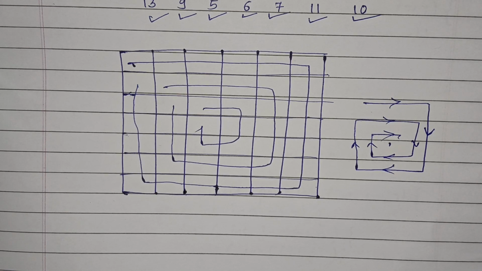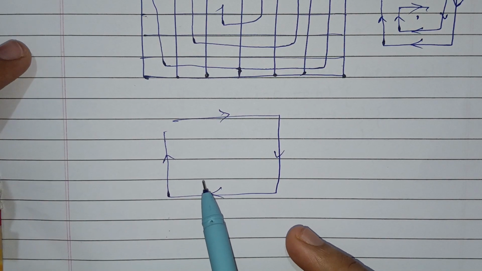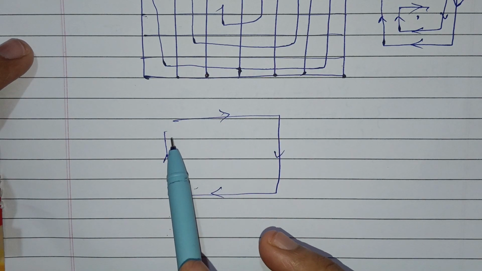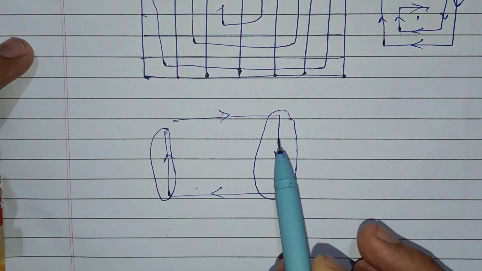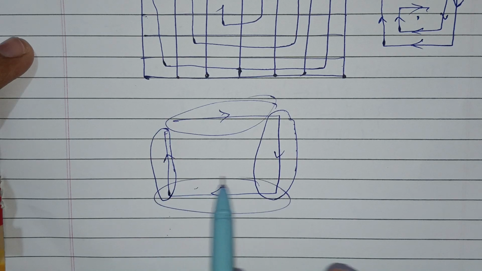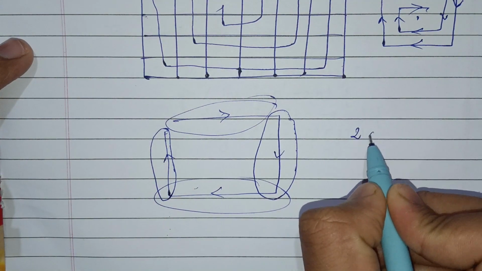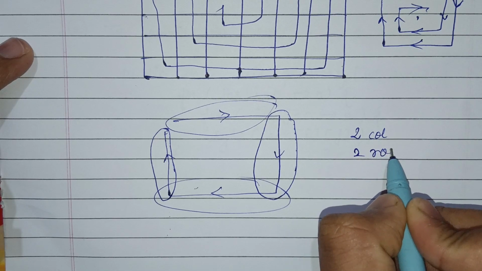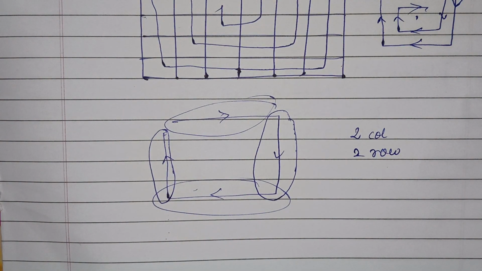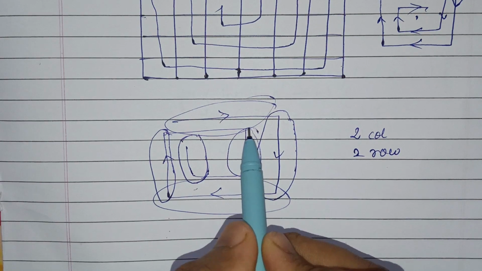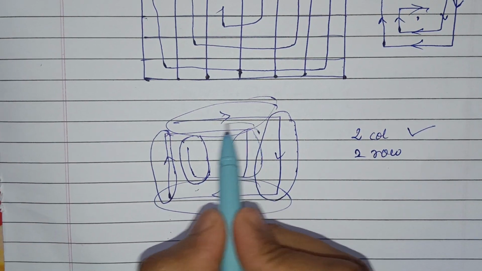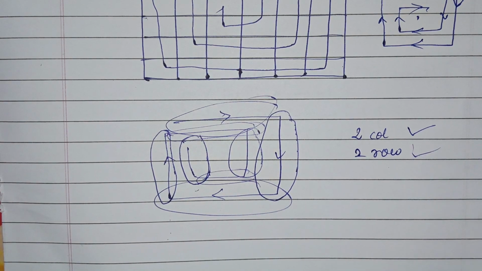printed. So in this, if we cover one loop, then two columns and two rows are covered. If we run a loop, the outermost loop or the innermost loop, this column and this column are two columns, and this row and this row are two rows covered.